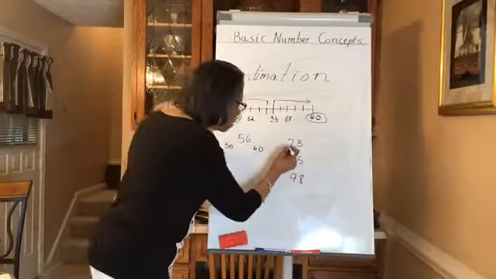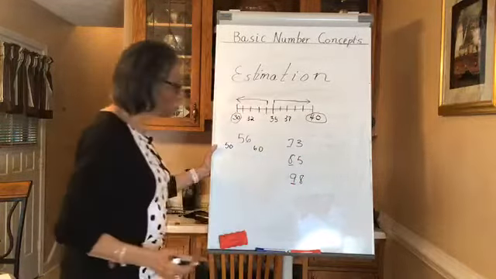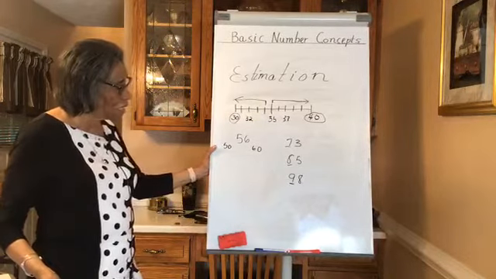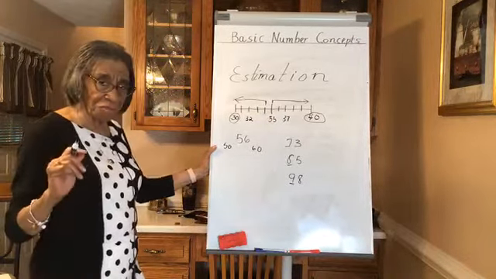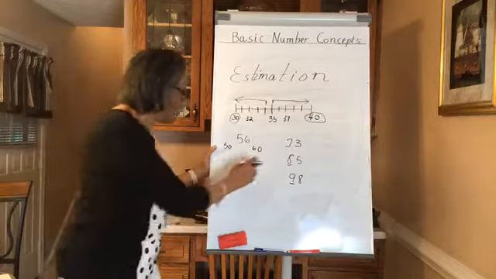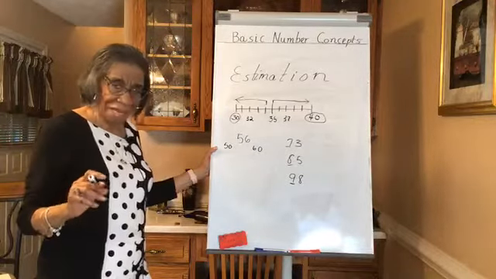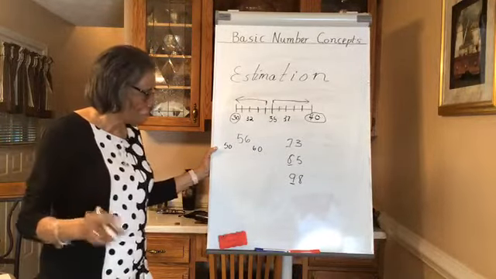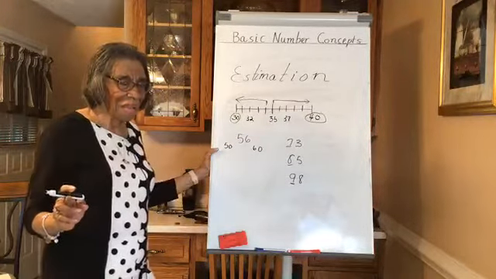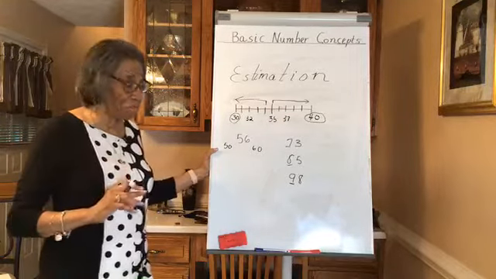And so that means that's the 10th place. All right. 73 is between what two tens? 70 and 80. 85 is between what two tens? 80 and 90. 98 is between what two tens? And I hope that didn't catch you. I'm not going to give you the answer to that. I'm going to just see what you do.